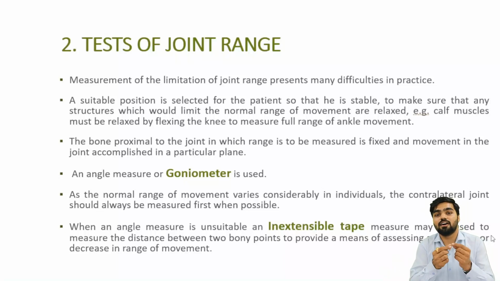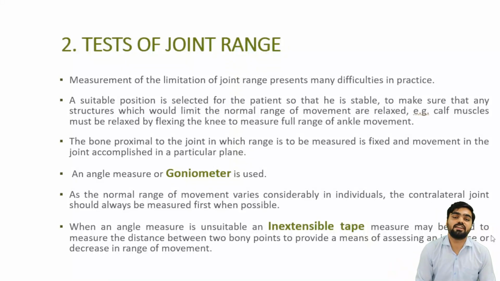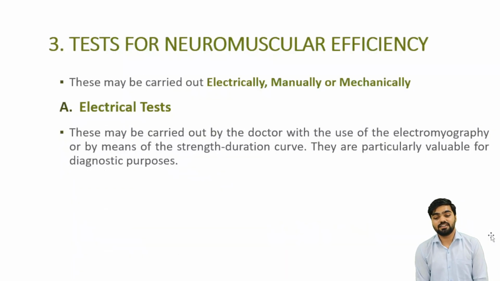Then you will use an inextensible tape, a normal tape which can be used to measure the distance between two bony points. The goniometer will give you a degree, but when goniometer measurement is not possible, you can move to inextensible tape measurement, which uses two bony points to provide a means of assessing increase or decrease in range of motion.